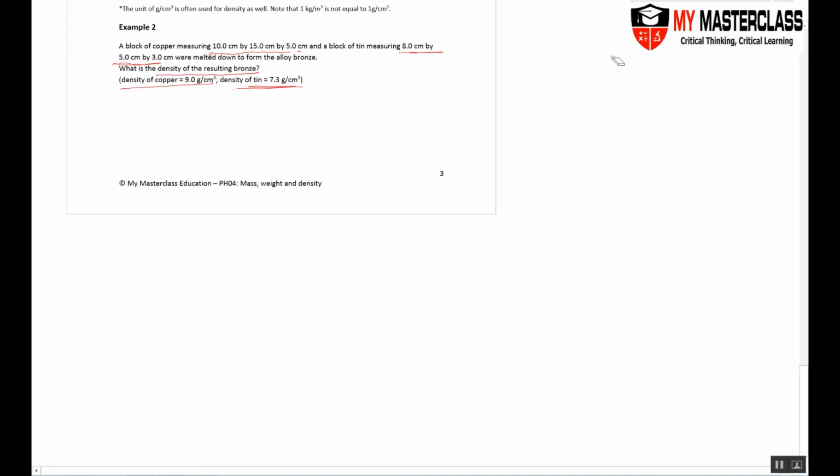Okay, density. Recall that density equals mass over volume. So I need to find the mass of the bronze and the volume of the bronze. How do I find the mass of bronze? Recall mass equals density times volume.